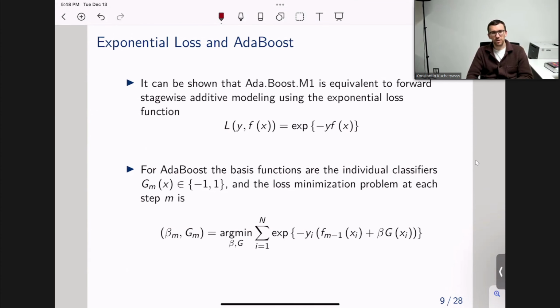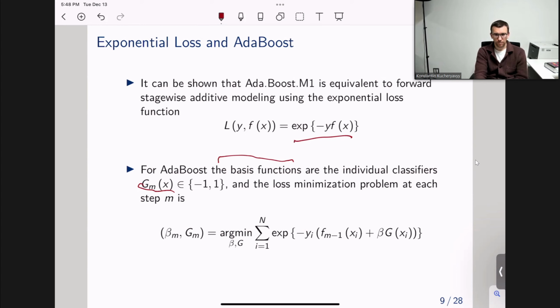It turns out that if we use the exponential loss function in the stagewise additive modeling, then we get AdaBoost. Then the basis functions for AdaBoost are the individual classifiers G_m that we were using in AdaBoost. And again, in practice, it can be just a small tree or a stump.